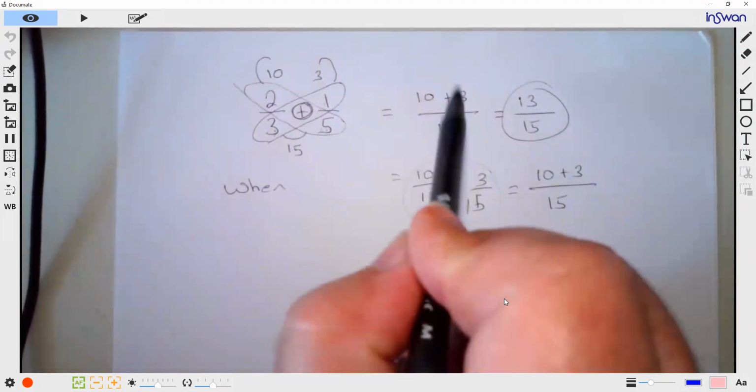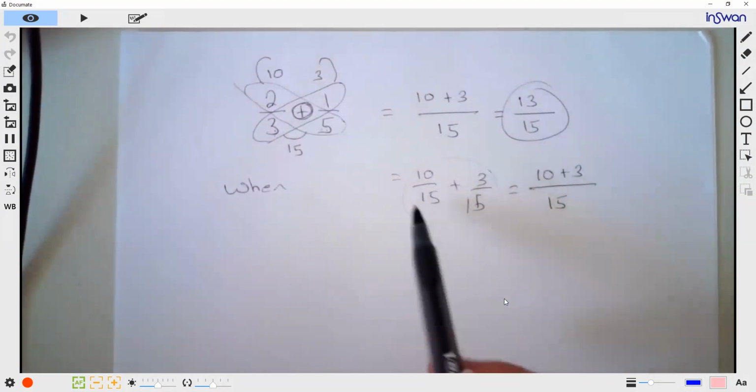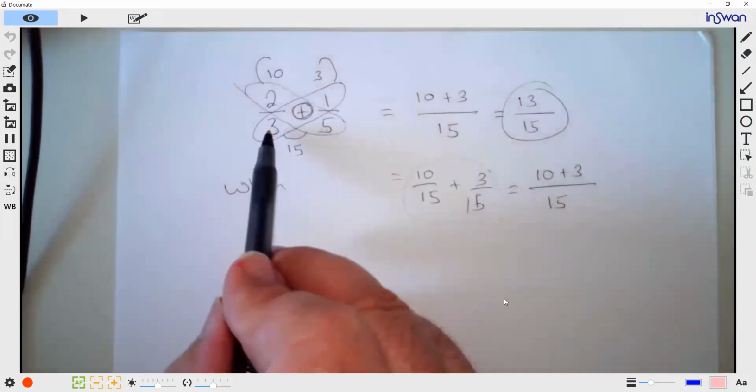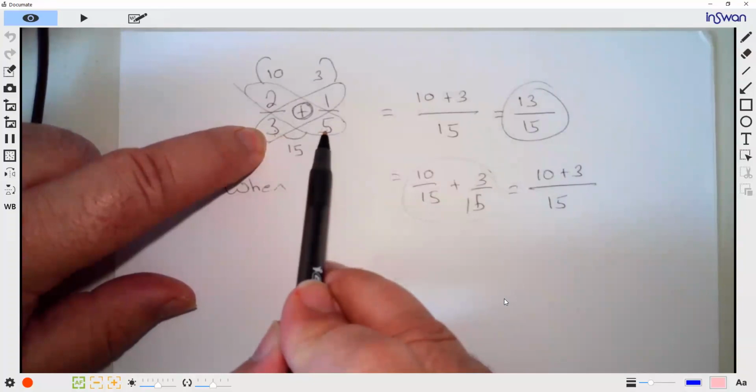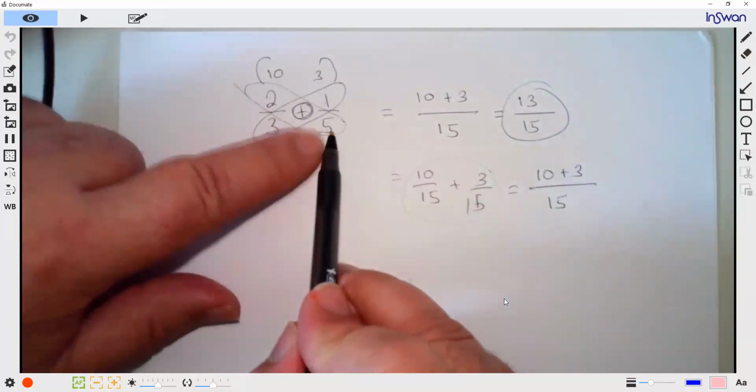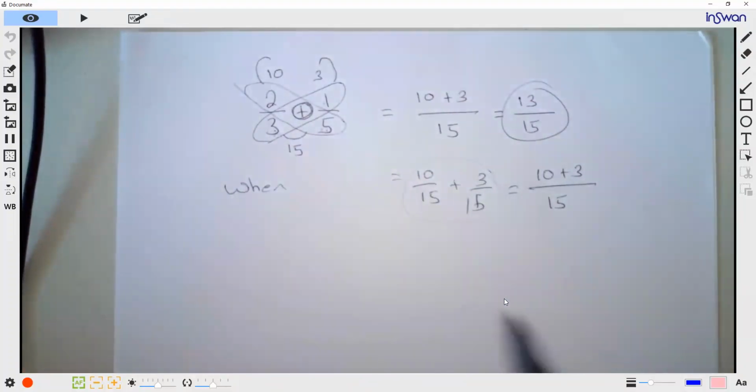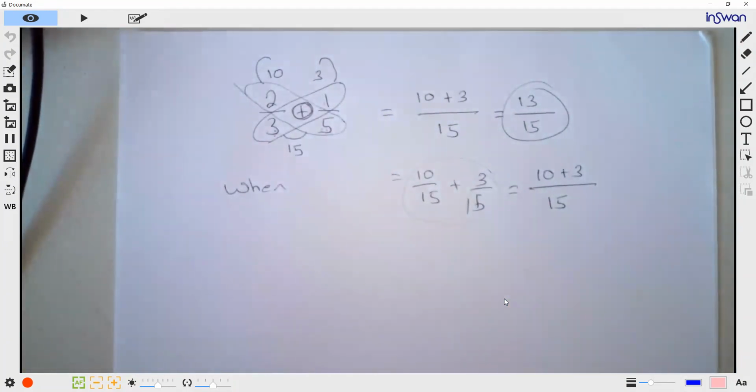It's because whenever you have addition of fractions, you have to get a common denominator. We convert. In other words, take 3, multiply by 5, you get 15. Take 5, multiply by 3, you get that. But the butterfly does it all for you.